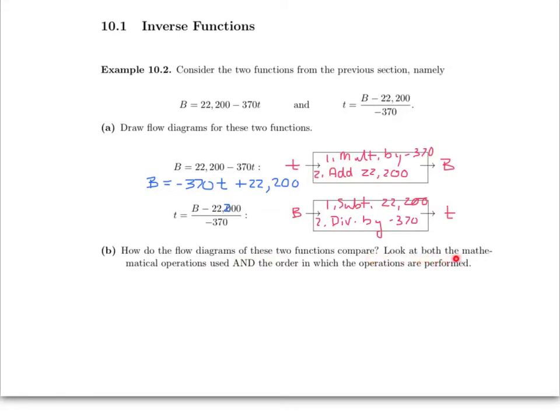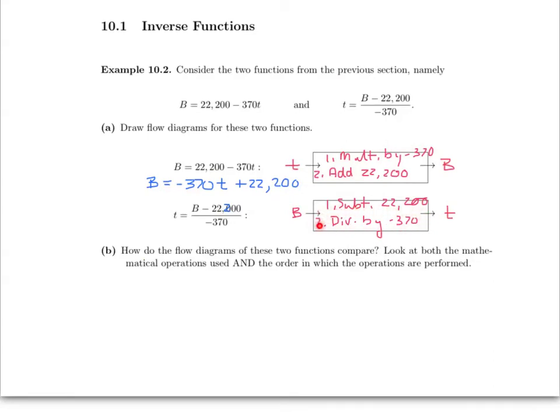Let's be sure to look at both the mathematical operations that are performed and the order in which the operations are performed. So first of all, let's talk about the differences in the operations that are performed. In the very first function, notice we are multiplying by negative 370, but in the second function we're dividing by negative 370.